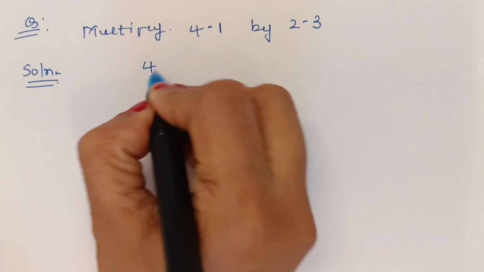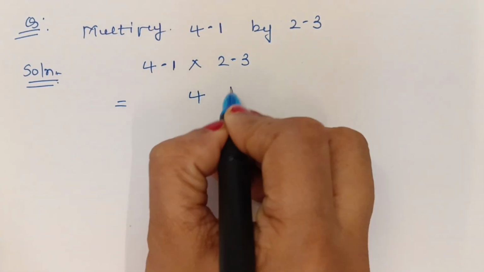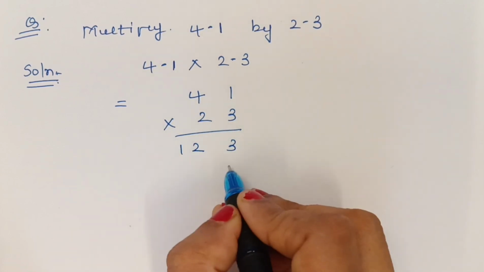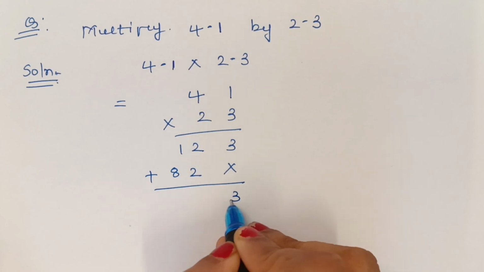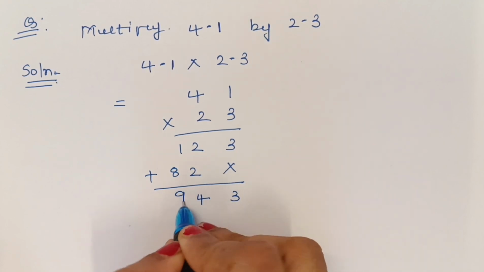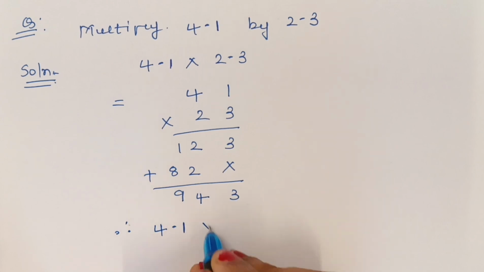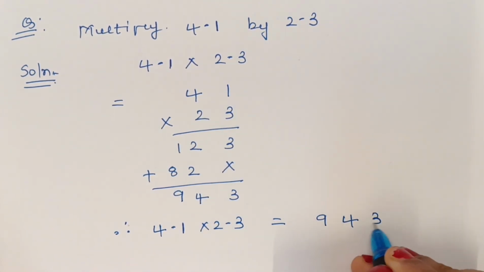Fine. So I'll just write down 4.1 into 2.3. So 41, vertical method. 23, 3 ones are 3, 4 threes are 12, 1 twos are 2, 4 twos are 8, 3 4 9. Now therefore 4.1 into 2.3 is equal to 943.